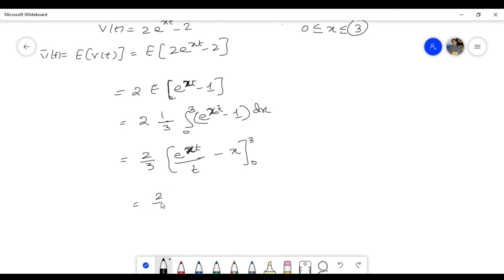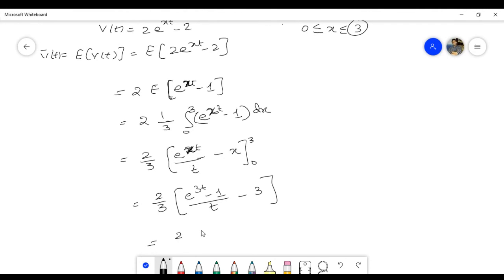Okay, so it will be 2 by 3 e power 3t minus e power 0 is 1 by t minus 3. Okay, so if you want, you can solve further.